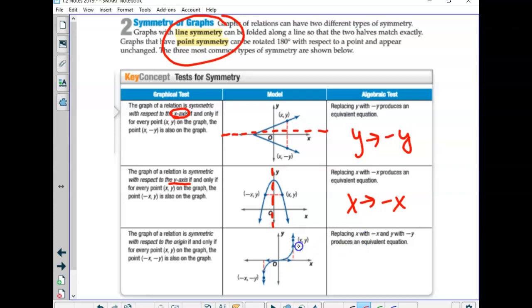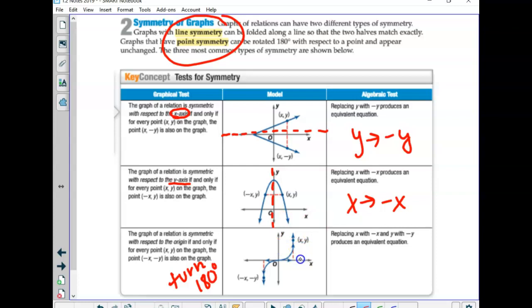And then the weird one, this is symmetric with respect to the origin. So this is like point symmetry. It means you could turn your paper 180 degrees and it'll look exactly the same. Okay, so remember that. Point symmetry or origin symmetry is like turn it 180 degrees and it should look the same. Flip it upside down.